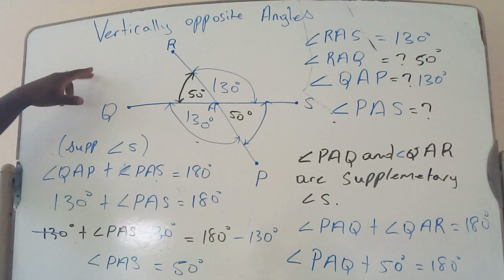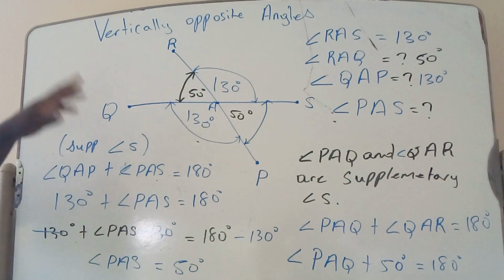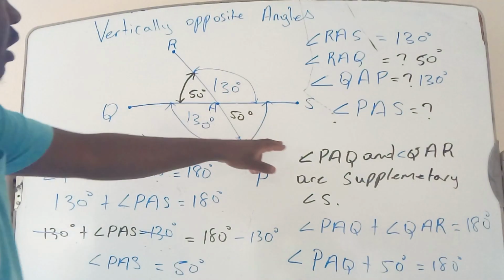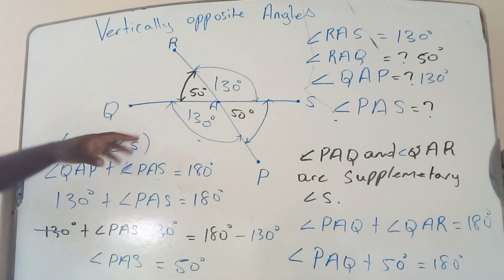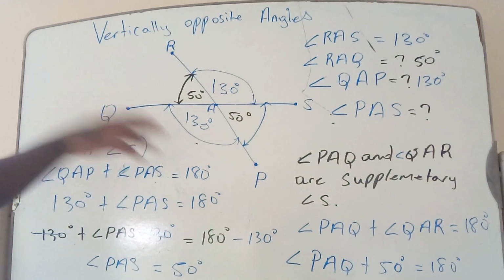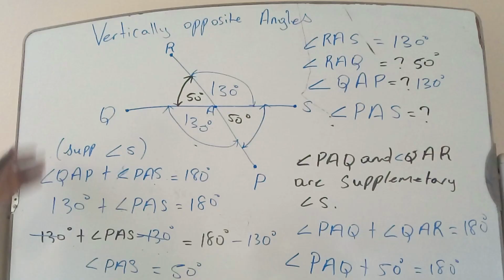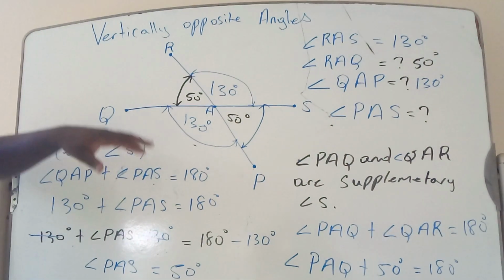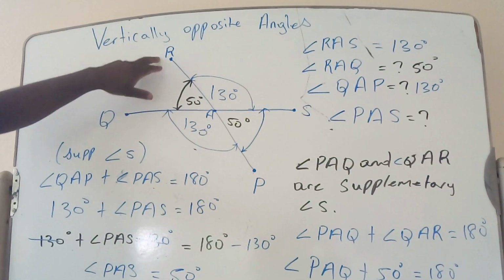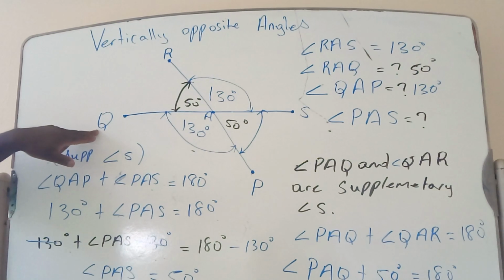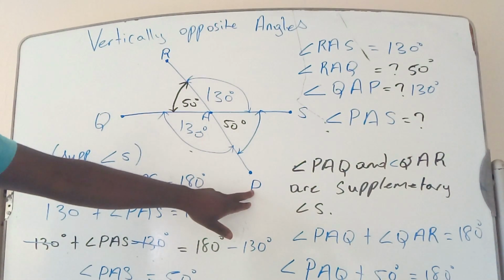Now let's just observe the diagram here. If you note closely, we can say that angle RAQ is vertically opposite to angle SAP. Now there is one key thing about vertically opposite angles: they are always equal. By solving all of the values for each angle, you would have noted that angle RAQ is equal to angle SAP.